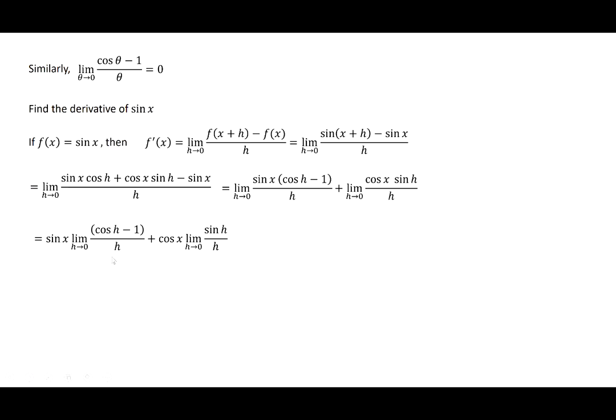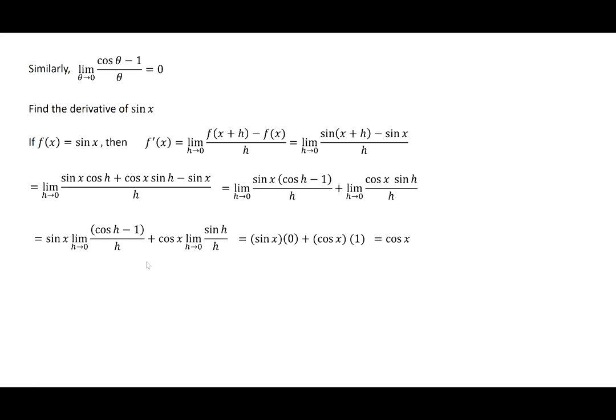So isn't this limit just equal to 0? So sine x times 0 is 0? Earlier, didn't we prove that the limit of sine theta over theta as theta approaches 0 is 1? So this guy is 1. So we have cosine x times 1. So we have 0 plus cosine x, and that's cosine x.